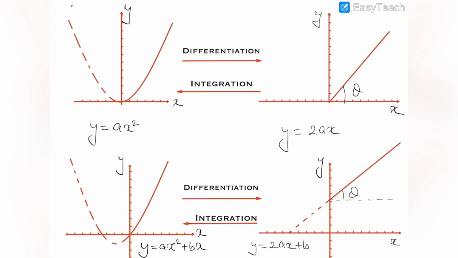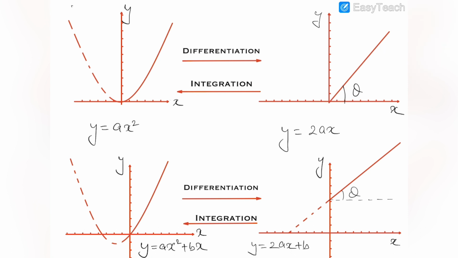You have to remember one thing: if we differentiate a parabola whose mouth is opening towards the positive y-axis, in the upward direction, then its derivative graph with x would be a straight line going in the upward direction.